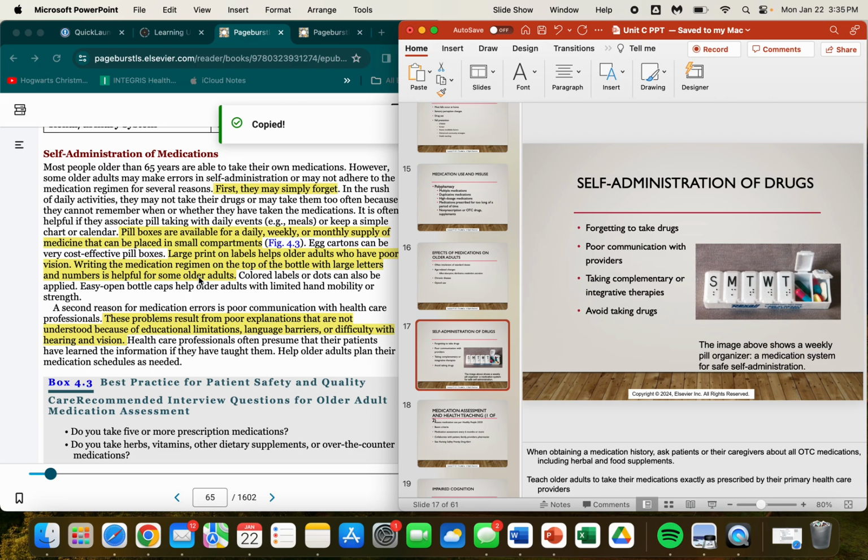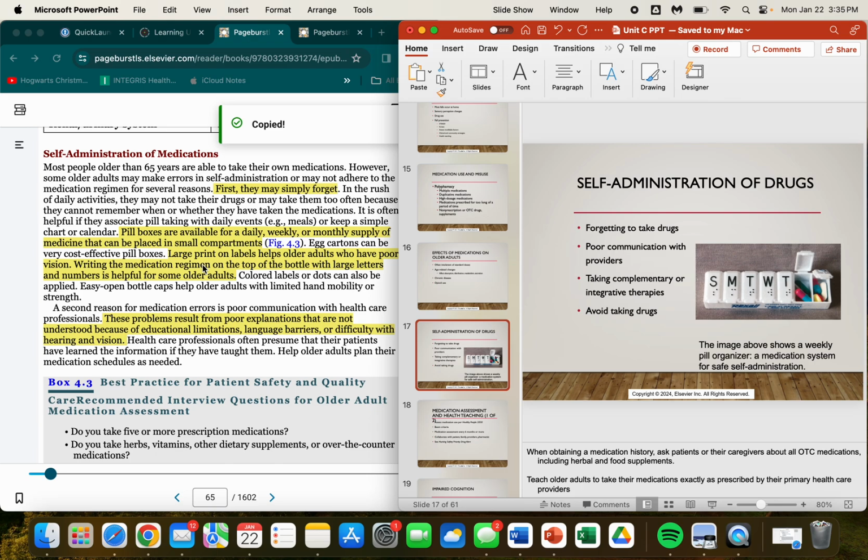So, when we talk about educating patients, especially in a home health setting or when you're discharging an elderly adult with a new medication, we want to make sure that they clearly understand how to take their medication. A lot of times we want to encourage pill boxes.